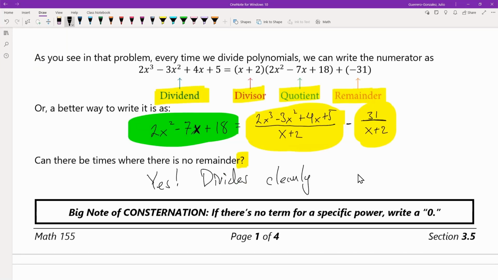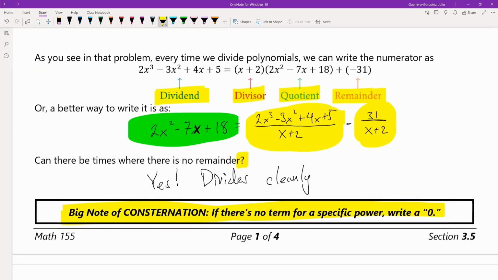A big note, we haven't had this happen yet, and I think I might put an example up when we move on to synthetic division, but we'll get there. If there is no specific term for a particular power, you still have to write it in. So you have to do 0x squared if there's no squared term.